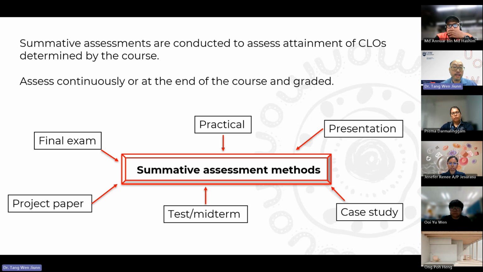We grade this kind of assessment. Examples, the simplest one will be the final exam, or we have project paper, test, midterm, case study, presentation, and also practical. Anything that we grade, we consider as summative assessment, because we test certain skills based on the CLO.